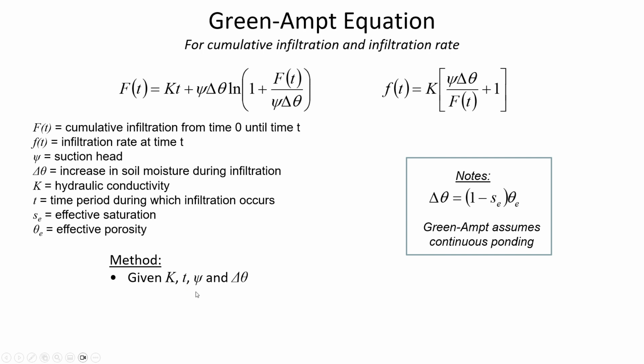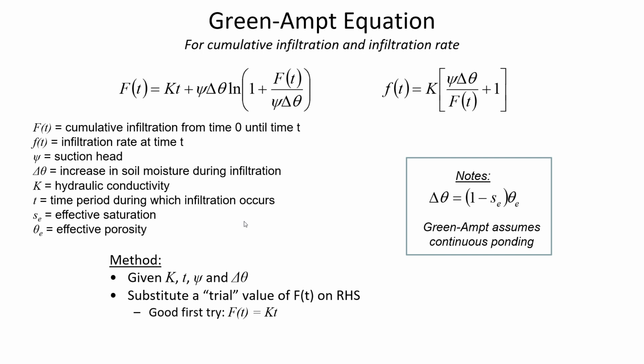We'll also have to know the soil suction head, which is another property that would be either determined in the lab or estimated in the field given a table of soil properties. And then how much moisture increases during the infiltration, meaning what was its initial saturation percentage versus when it's fully saturated.